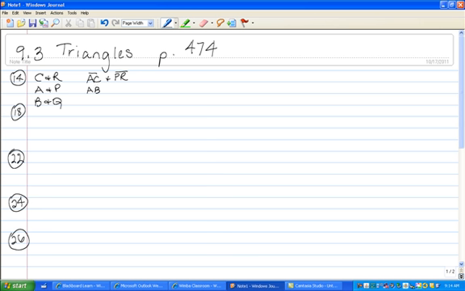AB corresponds to PQ, and BC corresponds to QR. And that's all we have to do.